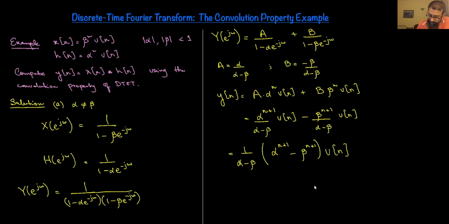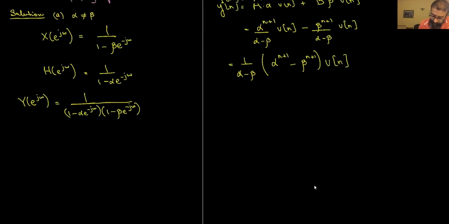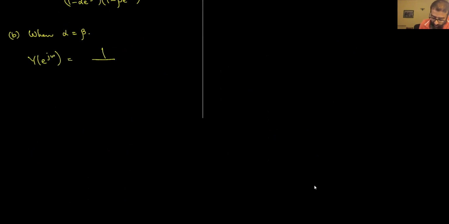So for the second case, case B, when alpha equals beta, your Y of e raised to power j omega simply turns out to be equal to 1 upon 1 minus alpha e raised to power minus j omega, whole squared.